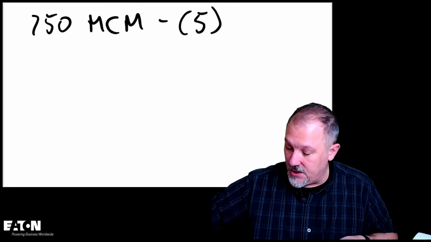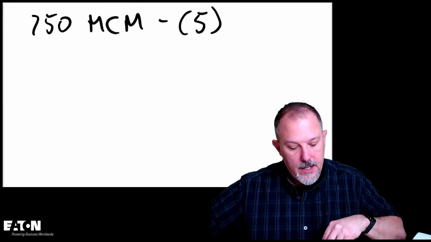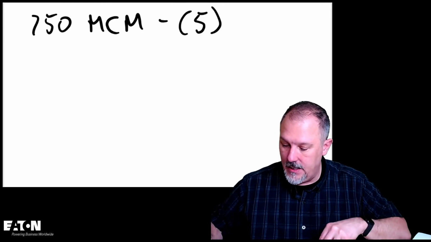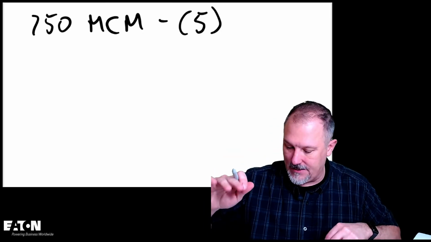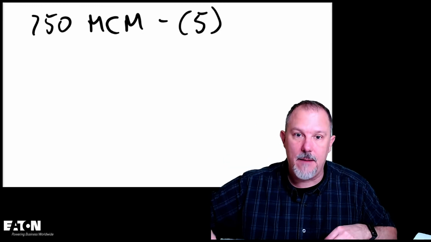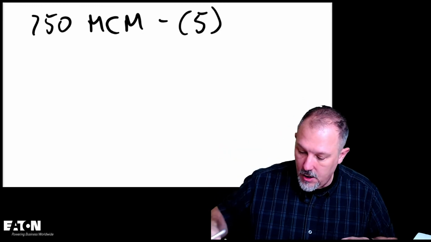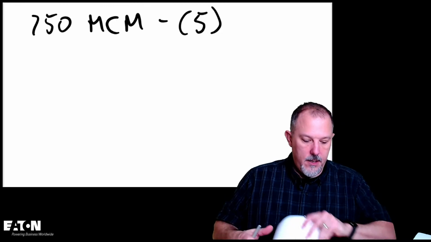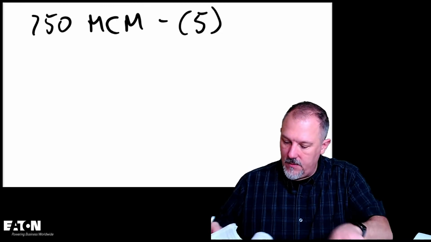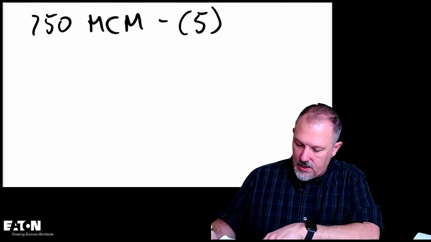So the first thing I got to do is go back to Chapter 9, not the informative annex, but Chapter 9. I got to figure out my circular mils area. What conductor am I using?